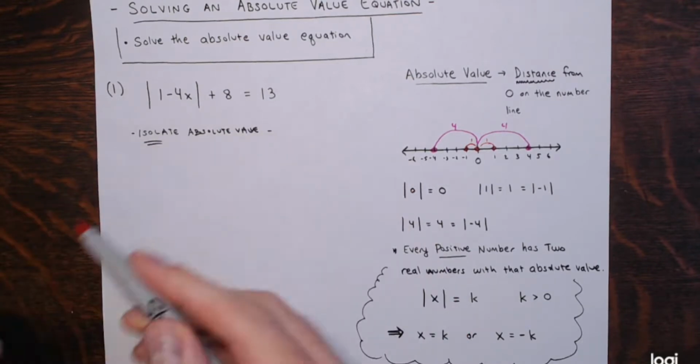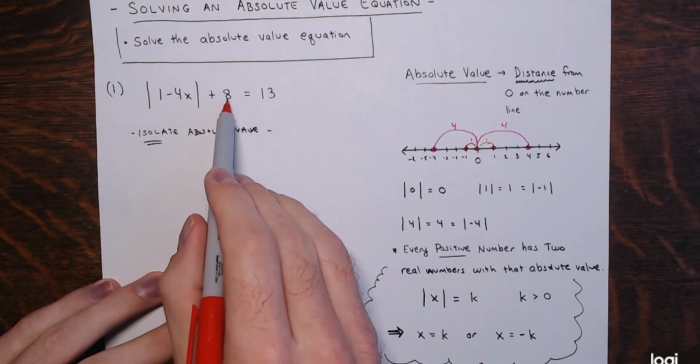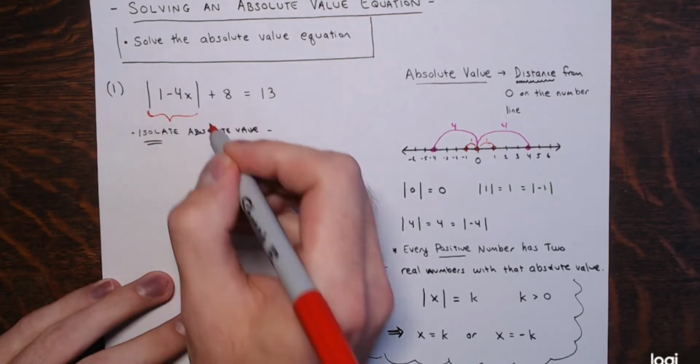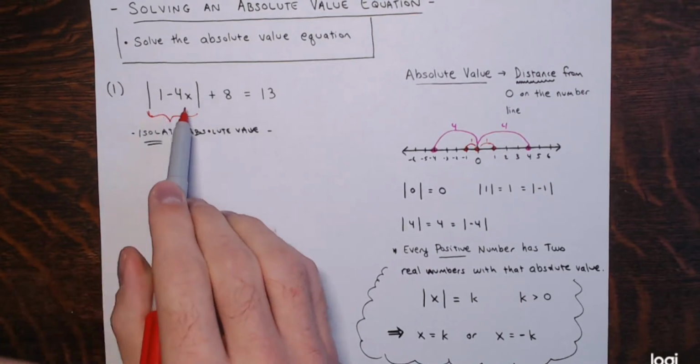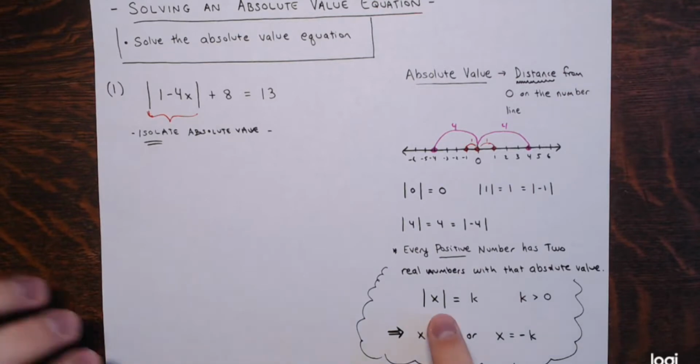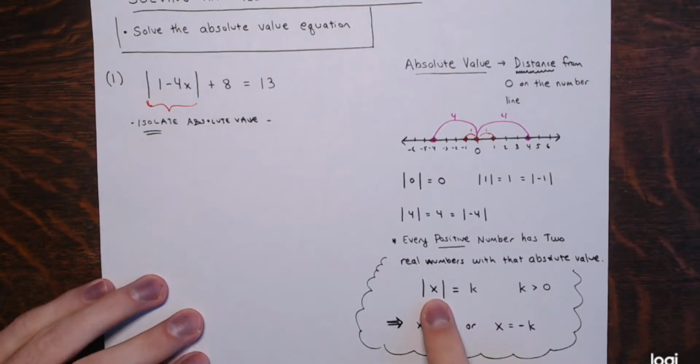So right here, I have the absolute value of 1 minus 4x, plus 8 equals 13, right? So this absolute value of this variable expression, I'm going to get that alone. I want to get an equation that looks like this in the lower right corner here, where I have the absolute value all by itself.